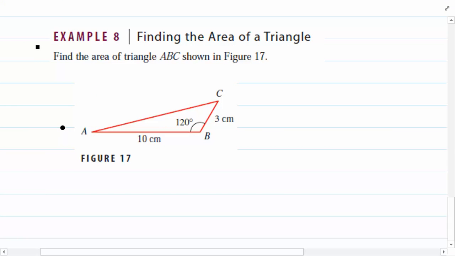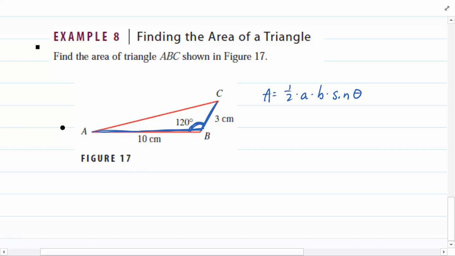So if I needed to find the area of triangle ABC shown in figure 17, then I could calculate the area using this rule because I have one side length, two side lengths, and the angle in between. So I can use 1/2 times A times B times sine theta.